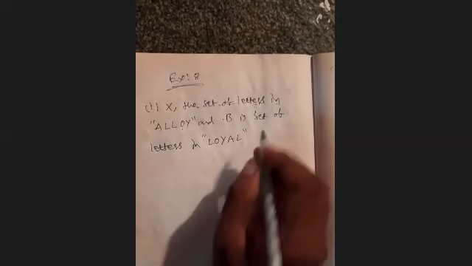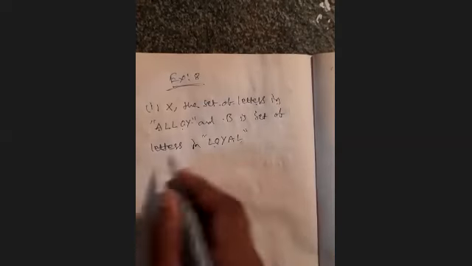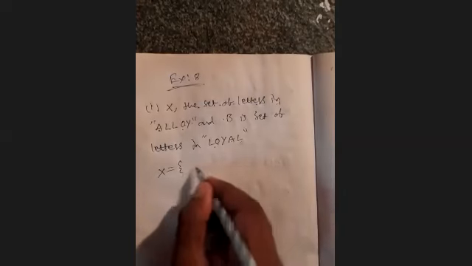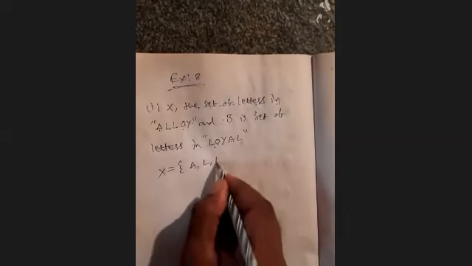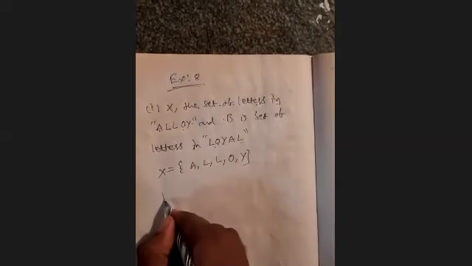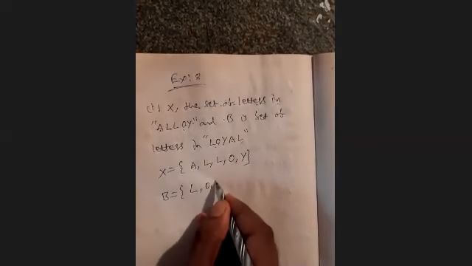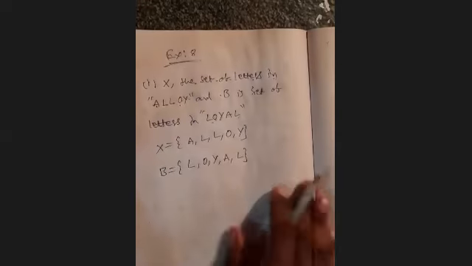The first word is ALLOY, the second word is LOYAL. I'm writing X is equal to {A, L, L, O, Y}, and the set B is equal to {L, O, Y, A, L}. See, the number of elements is not important for equal sets, as I told you.